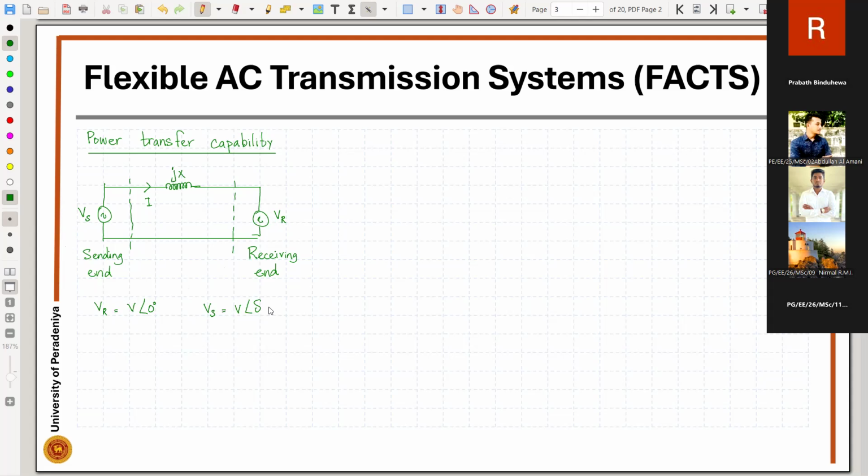Now, if this is the case, can you find out what would be the power transfer capability, active power, reactive power, and apparent power through the line?